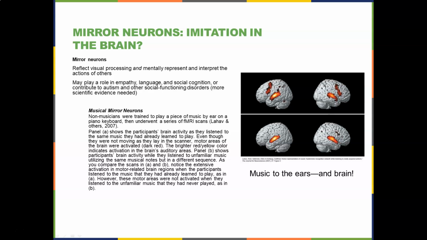Neuroscientists have determined through brain scans that while an individual observes any type of behavior, certain neurons fire in their brain, and they are able to represent and interpret the actions of others. So basically, they are putting themselves in the other's shoes.